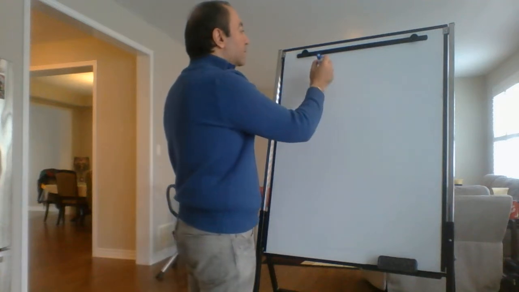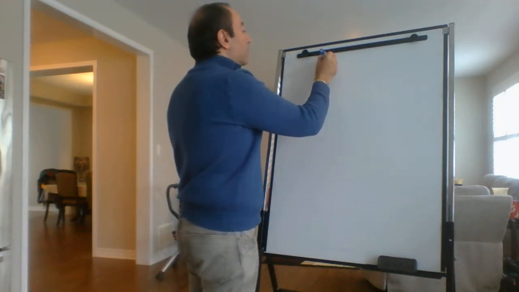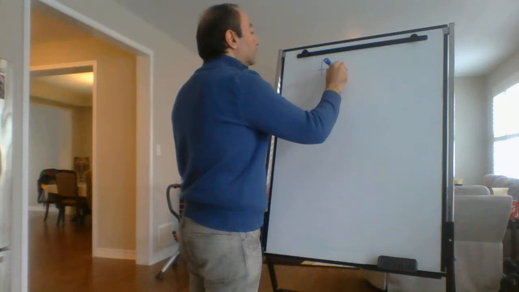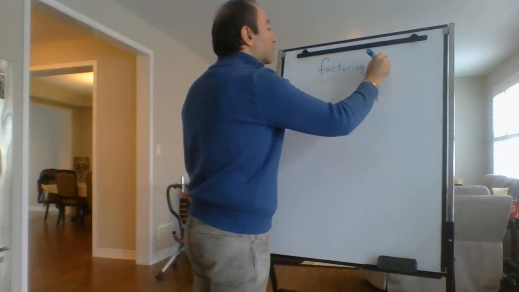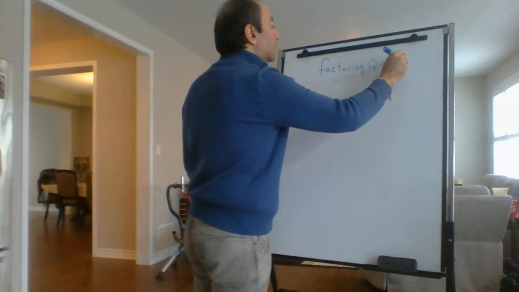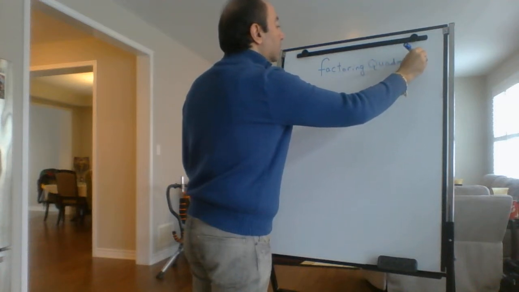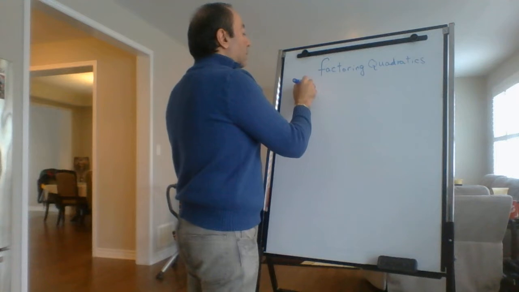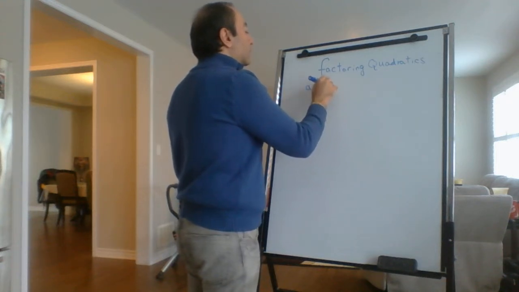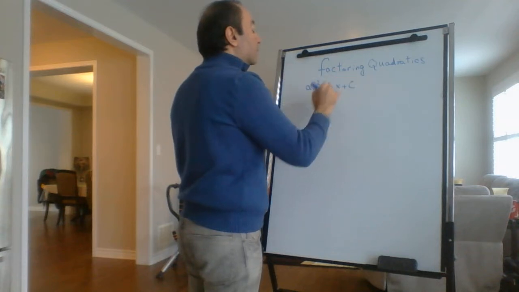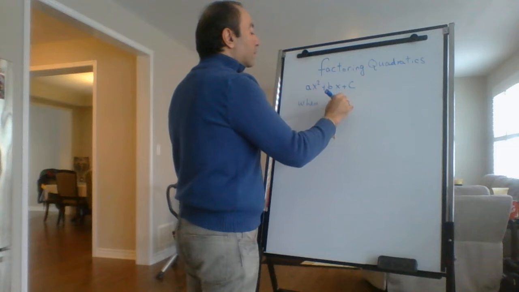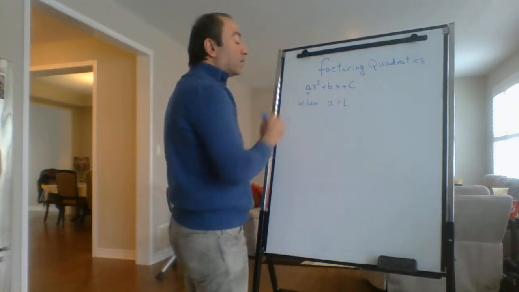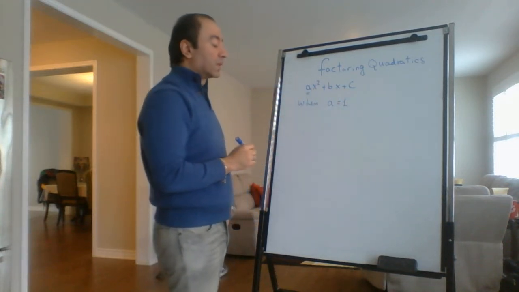So today's lesson is about factoring quadratics, ax squared plus bx plus c, when a equals 1. So when the number in front of x squared equals 1.